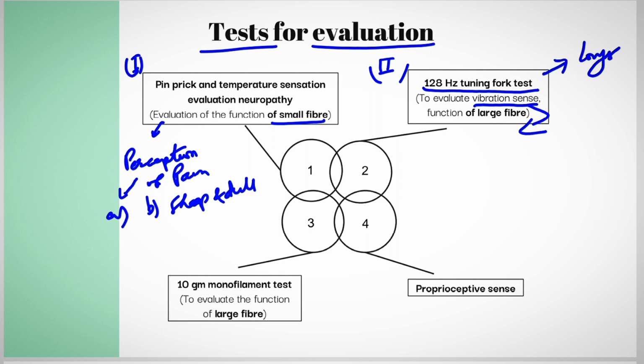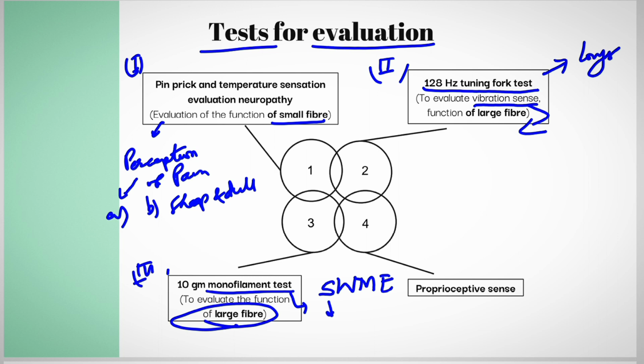The third test is the 10 gram monofilament test, and it is to evaluate the function of the large fiber. This 10 gram monofilament test is also known as the Semmes-Weinstein monofilament examination, or SWME, and it involves a 3-step sequence.